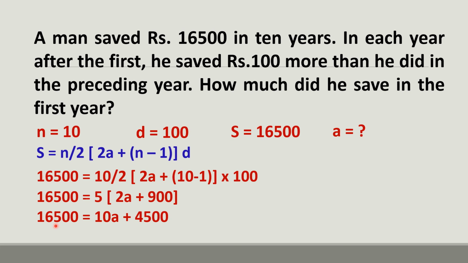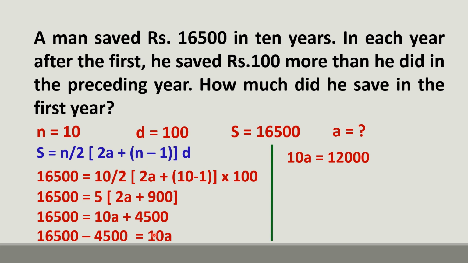Solving it, 16,500 is equal to 10a. 5 into 2a is 10a. 5 into 900 is 4,500. So, 16,500 minus 4,500. This 4,500 is taken to that side and put a minus sign. Minus 4,500 is equal to 10a.